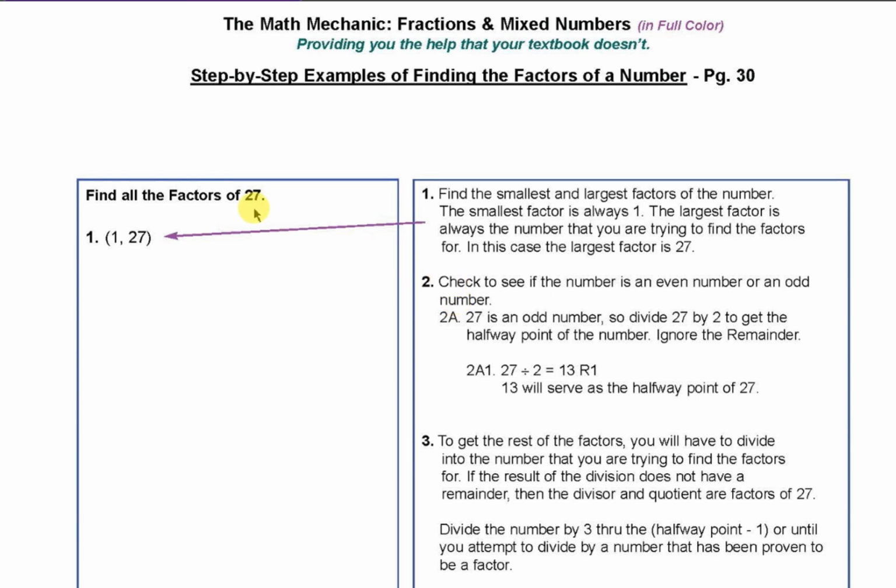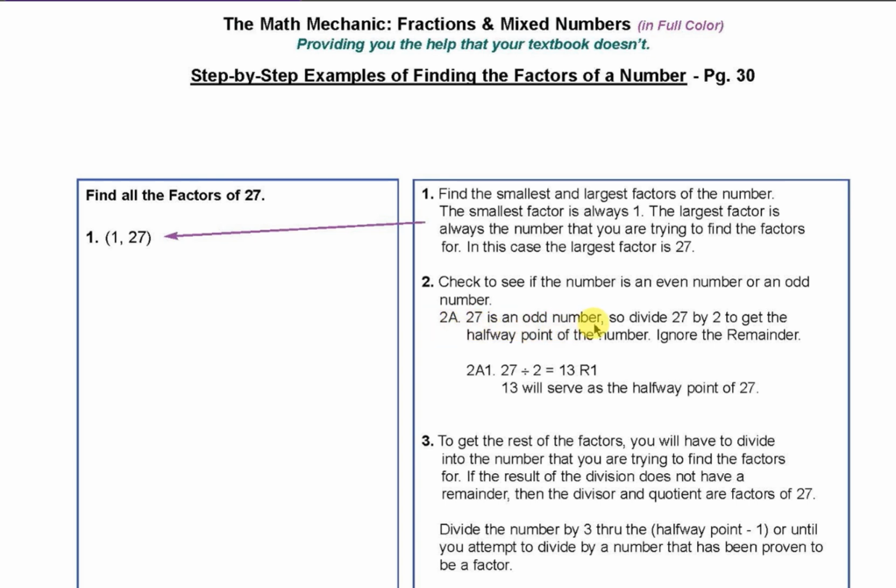We are finding the factors of 27. 27 is an odd number. Therefore, we will perform step 2A.